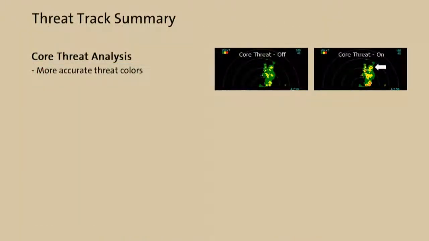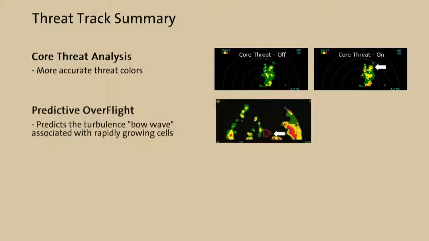In summary, remember these key aspects of the Rockwell-Collins MultiScan Threat Track radar. Core threat analysis more closely relates the color of the cell on the ND to the actual thunderstorm threat. Predictive overflight measures a cell's growth rate and then predicts the turbulence bow wave above the growing storm.